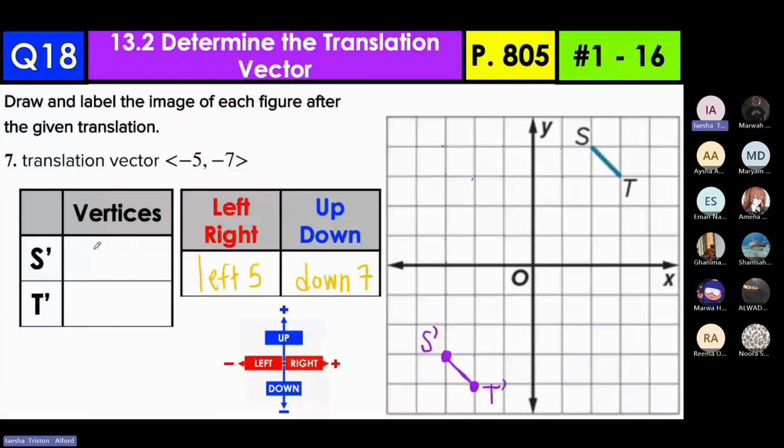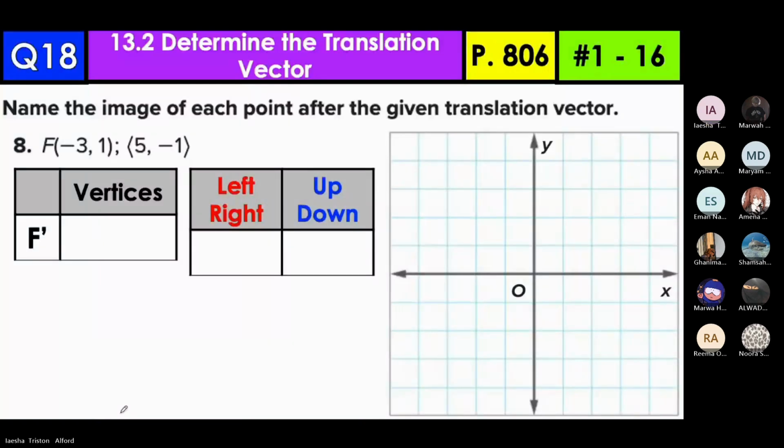And where is S prime? -3 and -2? -3, yeah. -2. 3 left, and then what? Okay, -3, 3 down. Where is T prime? -2 and -4. 2 left, 4 down. Okay.